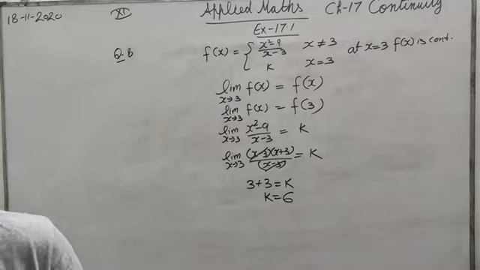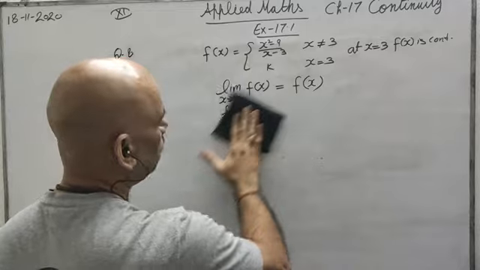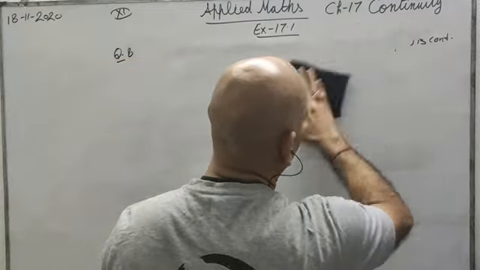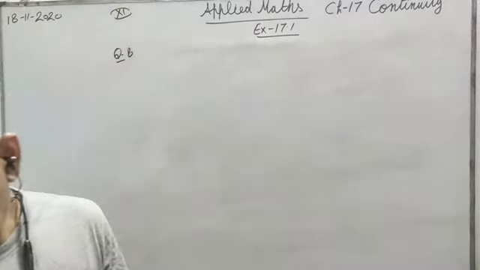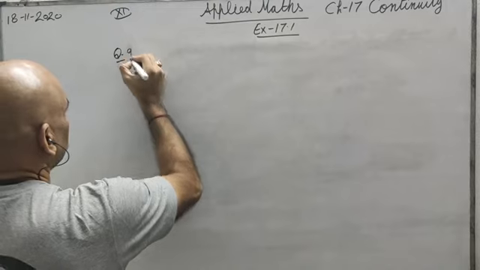Similarly, we have the next question, that is question number 9. In that also we will have to find the value of an unknown, and once again the function is given as continuous. Let us see that. We are doing question number 9.